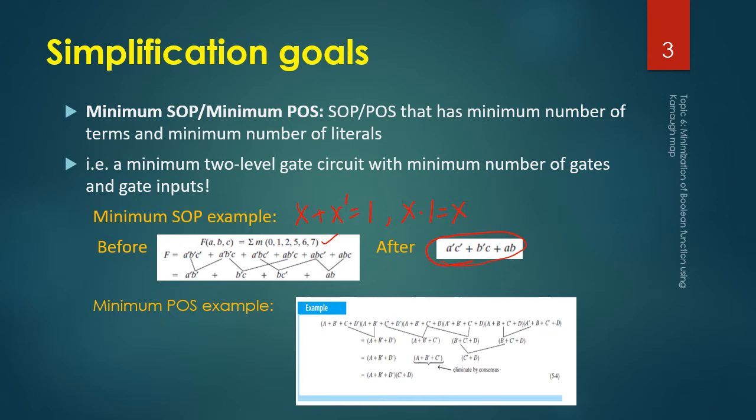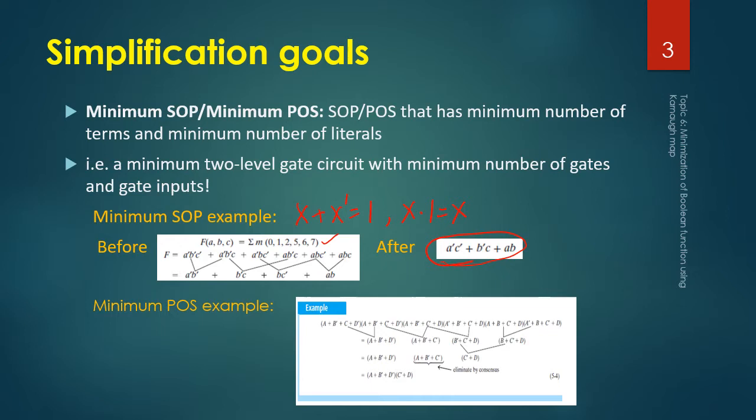However, the drawback of using the theorems and laws directly on the expression to do the simplification is that for complicated Boolean expressions, it's very hard to know when we get the minimum.